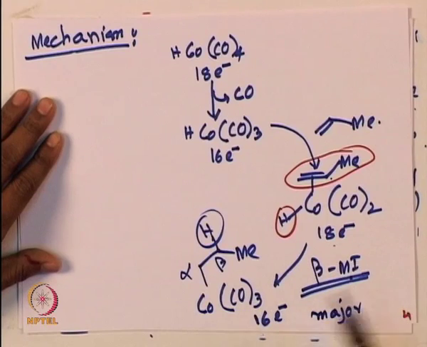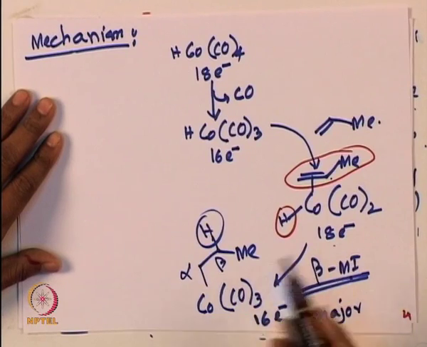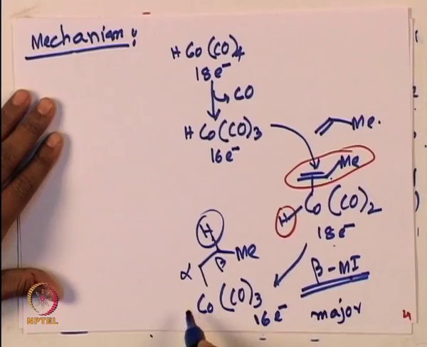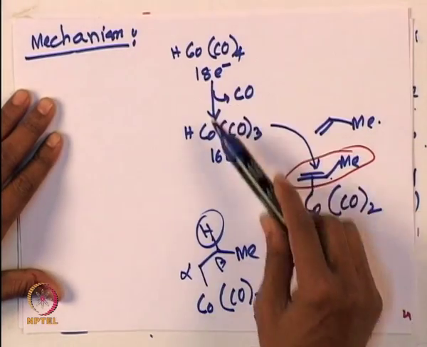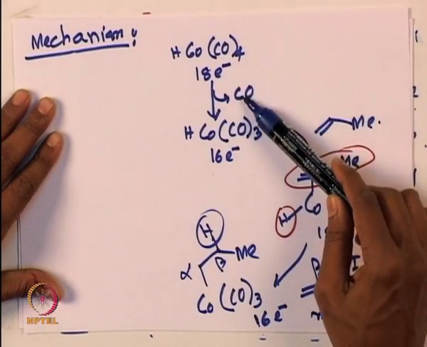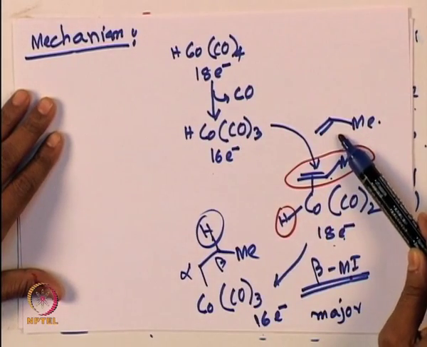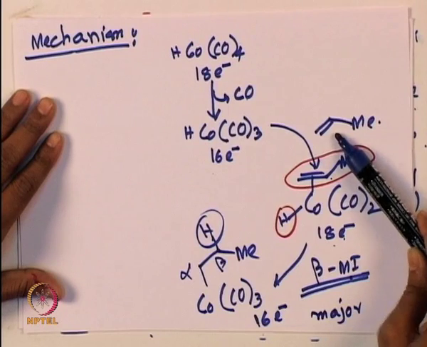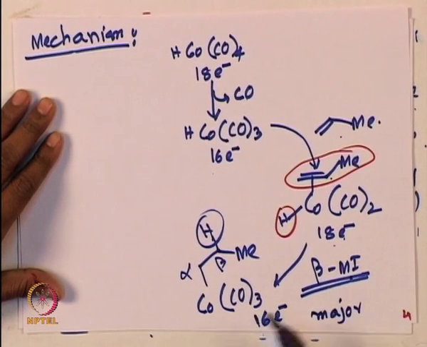Of course, there is a formation of the other one, the branched product, but that is going to be the minor one. So 18 goes to 16, 16 goes to 18, 18 goes to 16. So ligand dissociation, ligand association or olefin coordination, beta migratory insertion, that's the major step, or major product.